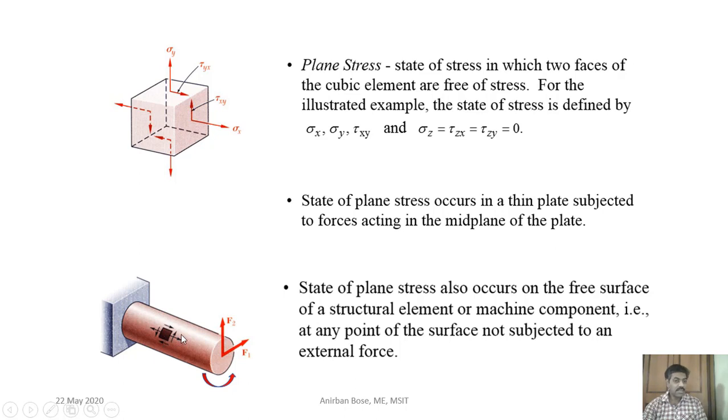So remember, for any machine component, a point at the surface must be in a plane stress condition, unless you are applying certain external forces at that point. This is a very important point: in practical situations we can assume a plane stress condition even though the body is three-dimensional and the loading may be in different directions.